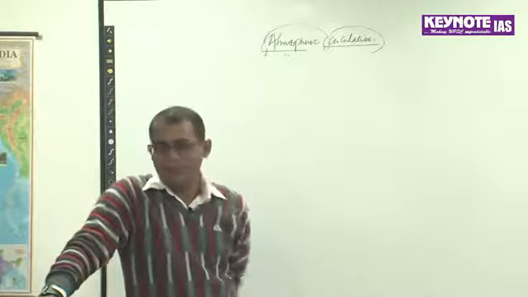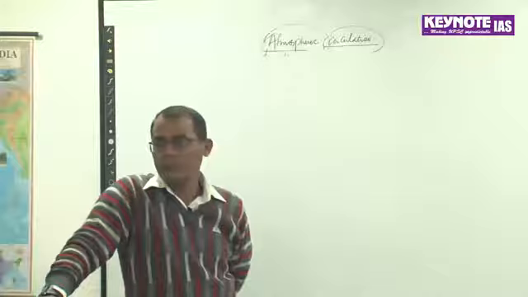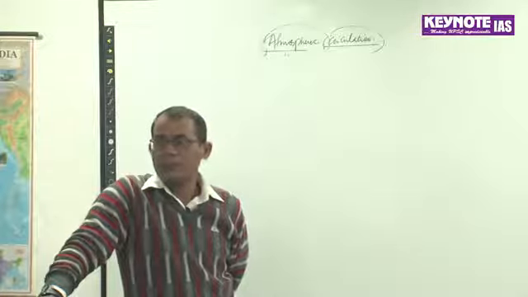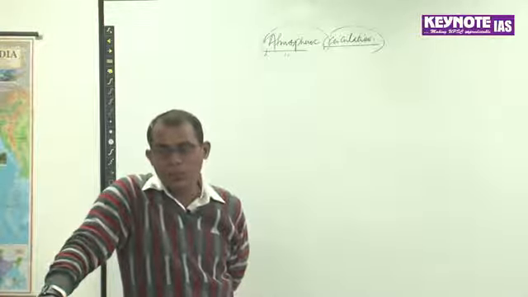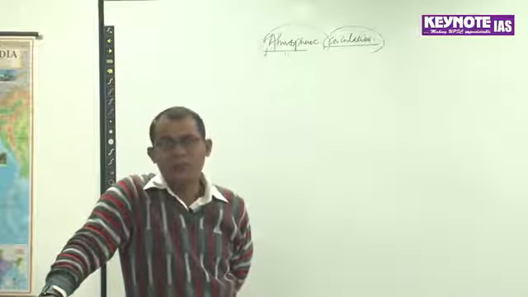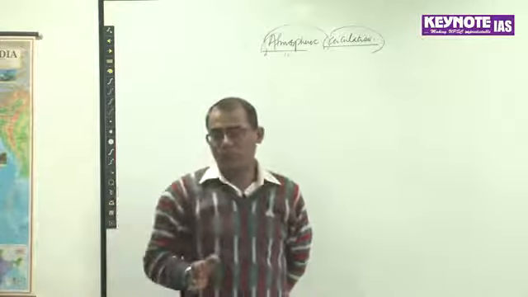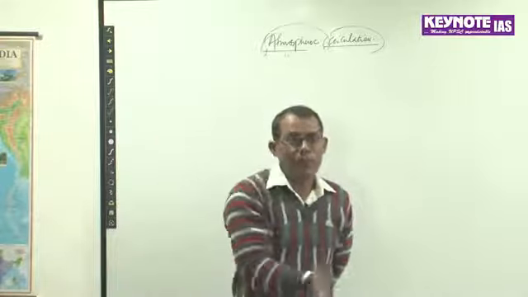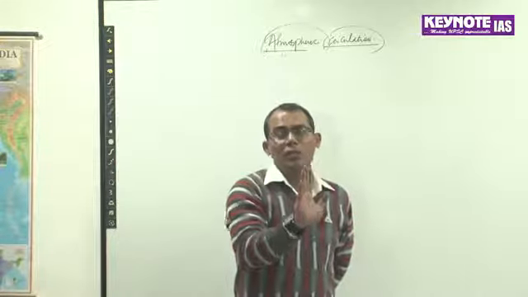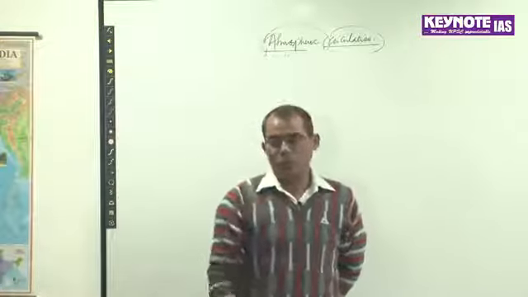Sir, it is classified according to its direction only, right? If it is along the longitude or along the latitude. It is simple: if it is roughly north-south, it is meridional, moving closely along the longitudes. If it is moving roughly around the latitude, it is zonal circulation.